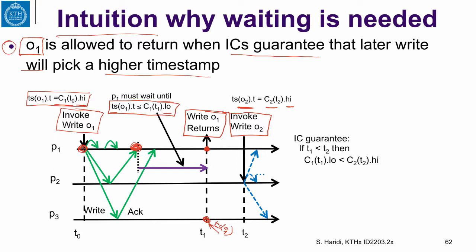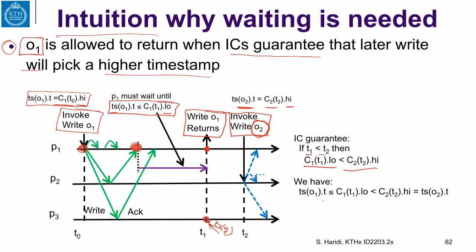What we want to now know is that the timestamp of the second operation O2 should be higher than the timestamp of the first operation. So we can see it here. We know that T1 is less than T2, which would mean, by what we have defined before, the lower bound of the clock at T1 is less than the higher bound of the clock at T2. So we have that.